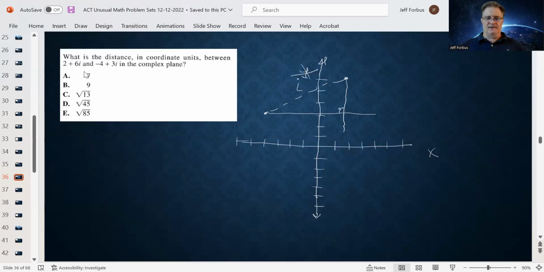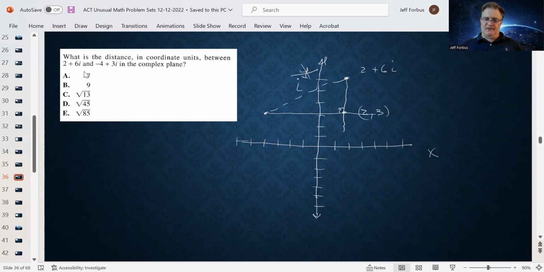Now we know this value here is 2 and 6i. So we know this is 2, 6i, which is 6. And then we come across here, and this becomes 3. So this point right here would be 2, 3, right?